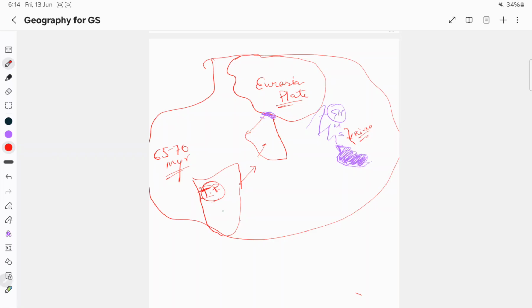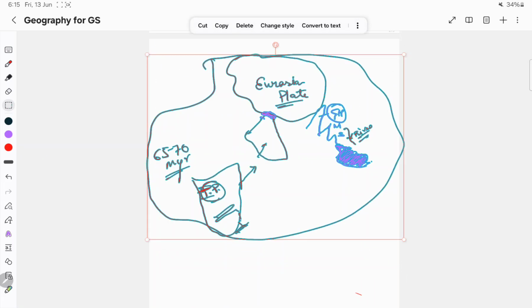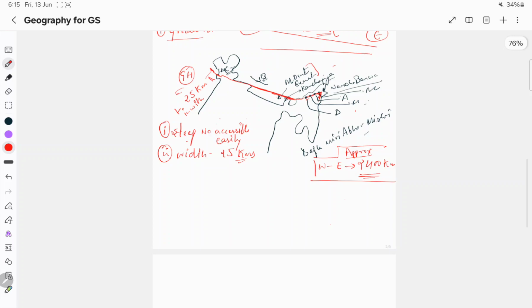The Indian peninsula collided with the Eurasian plate, forming Greater Himalayas, Middle Himalayas, Shivaliks, and rivers. That's how it went. You need not keep this in notes. If you want, you can note it down. It is not going to come much in the exams.